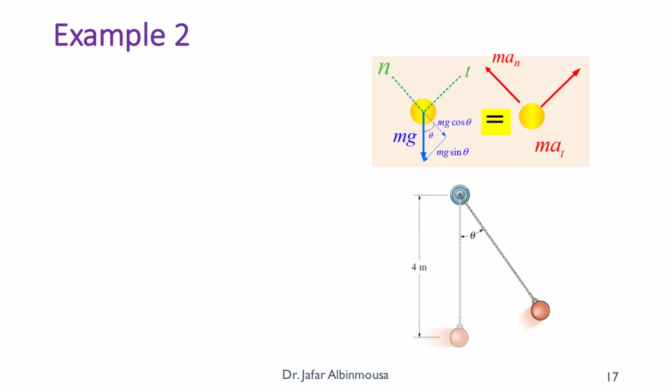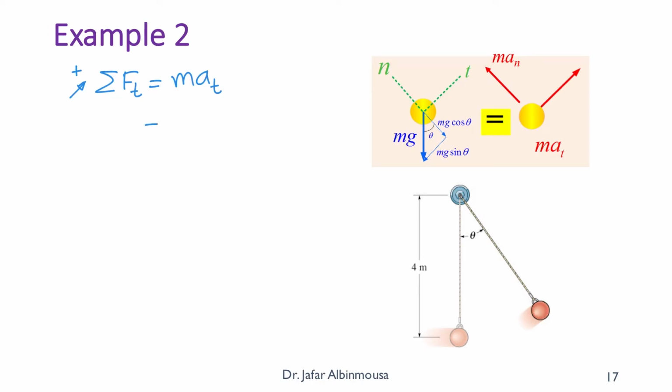So let's start with the tangential direction. This is the positive direction, and the sum of Ft is equal to m at. The only force acting along the tangent is mg sine theta, which is indeed negative, not positive. It's pointing toward the negative side.